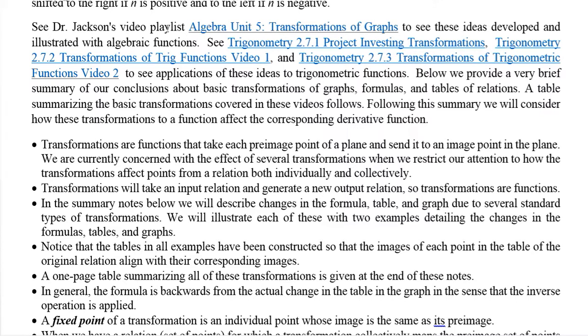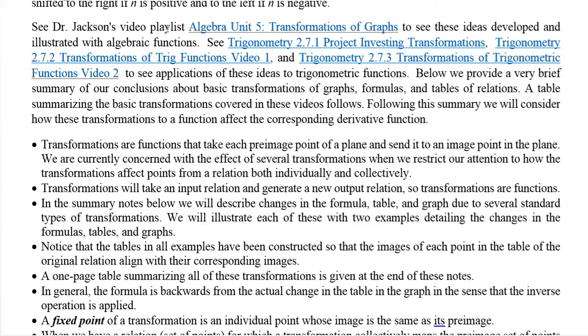We also have three specific videos, 2.71, 2.72, and 2.73 from my trigonometry second playlist, in which we investigate these transformation ideas specifically applied to trigonometric functions. We look at things like a sine wave and how we change its amplitude or period, or phase shift, for example.